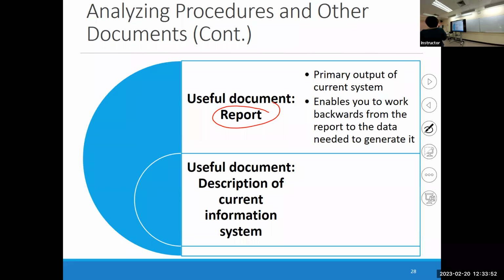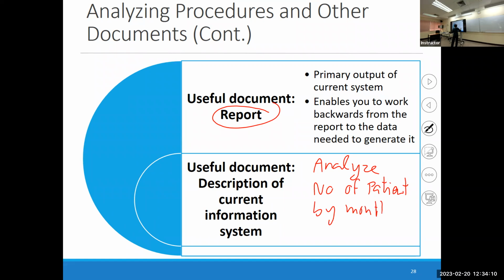Okay. Such as they may want to analyze the number of patients by month, by gender, by age, by types of illness, and many more, right?